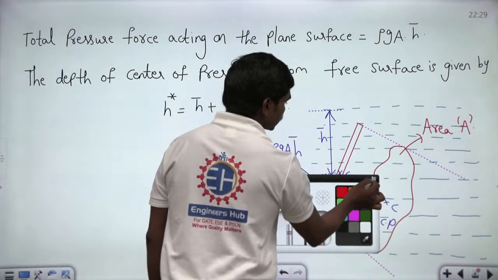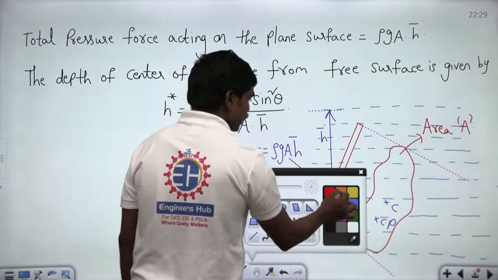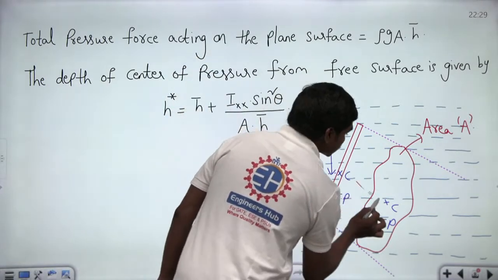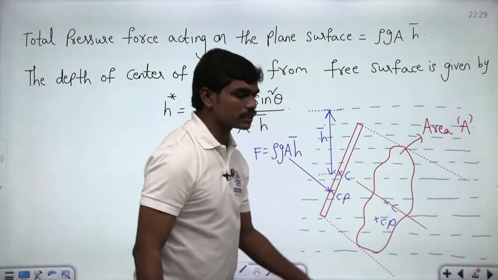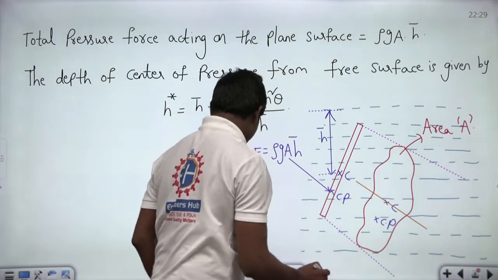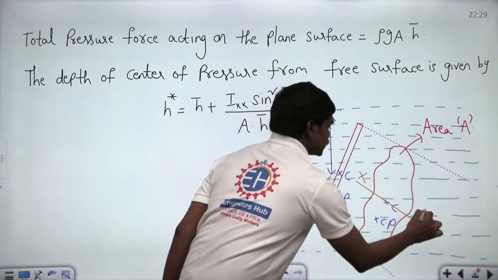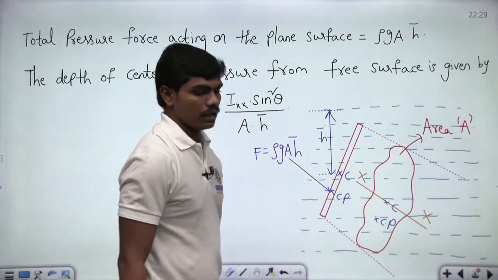Let me take the help of a straight line and draw it. This axis is parallel to this reference axis and passes through the centroid. So if this is the case, your xx is this axis, meaning you are going to consider the moment of inertia about this axis xx.